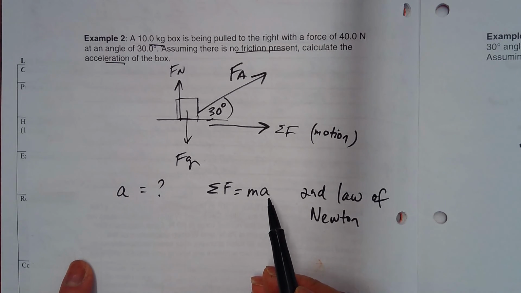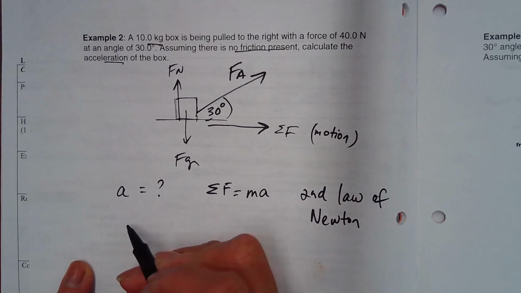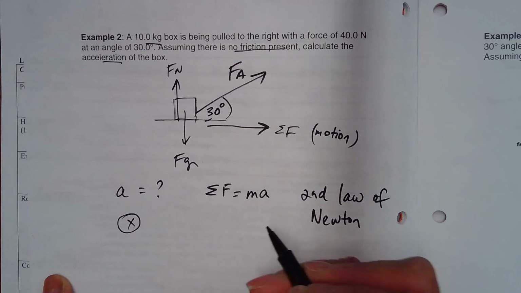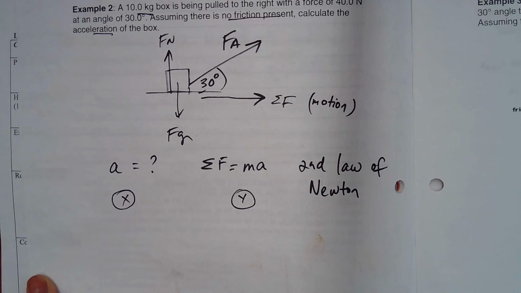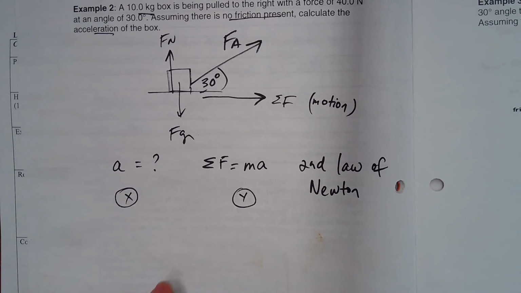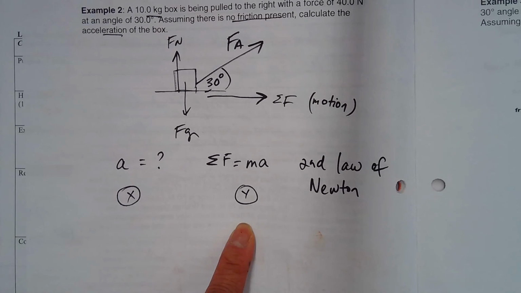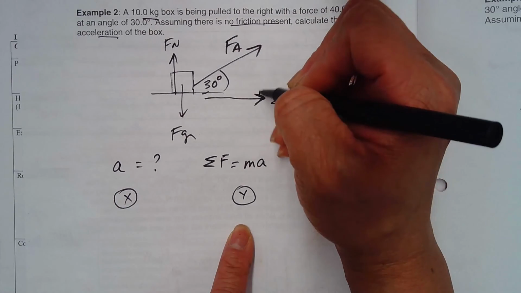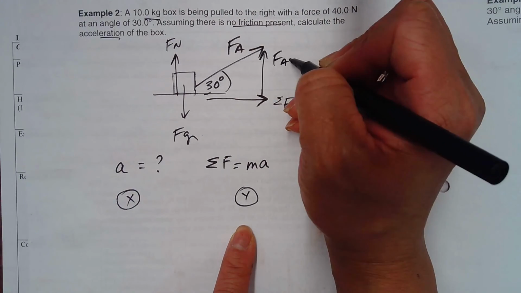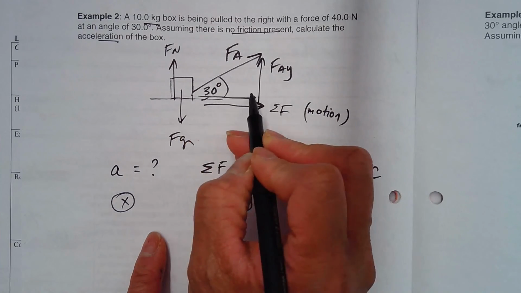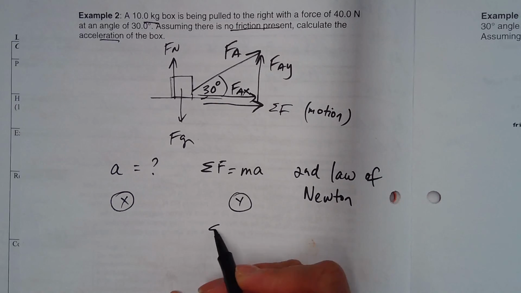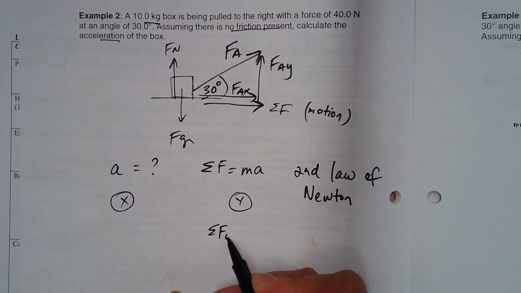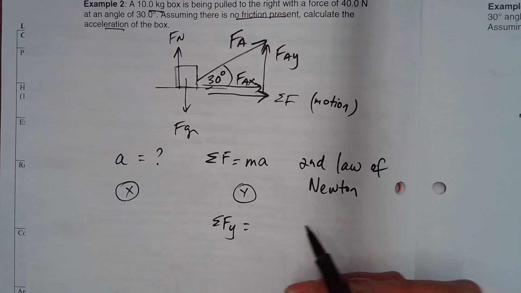So if there's no other force involved, what forces are in the X component? Can you first give me what are the forces acting on the Y component? There is FAY here, and there's also FAX, right? So let's just do the Y component first. So the net force on the Y, what do we have?